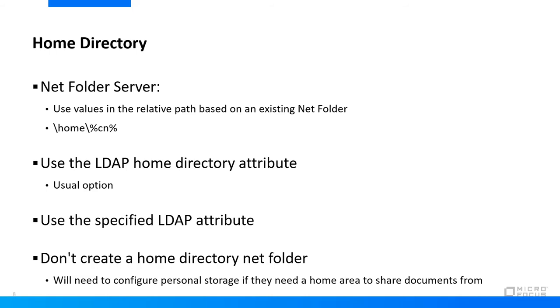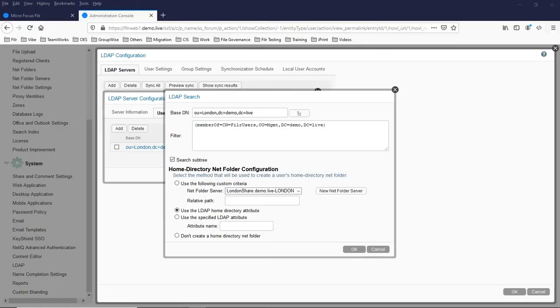If you're not bringing it in, then another thing you could do, of course, is give them personal storage, so that's storage on the Filr appliance where they can put their own files if you wanted to. So in this instance, I'm just going to say use the LDAP home directory attribute, though I could say equally as well that I want this on /home/%cn.